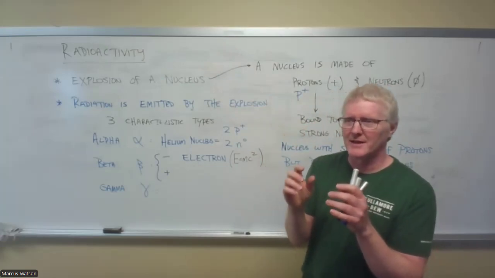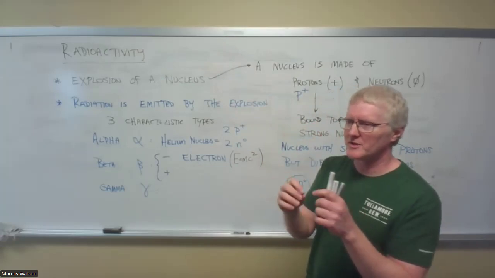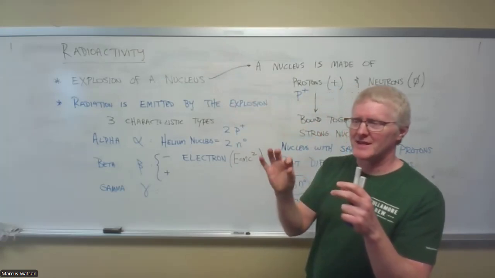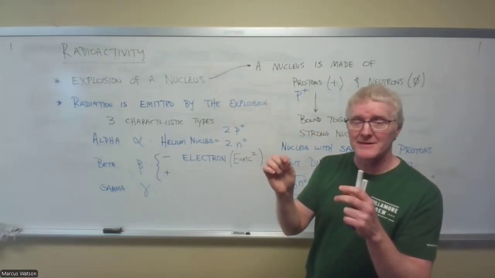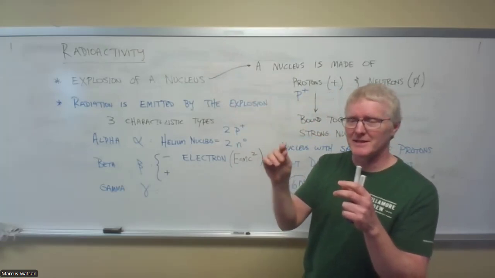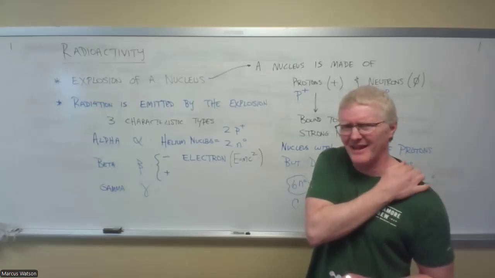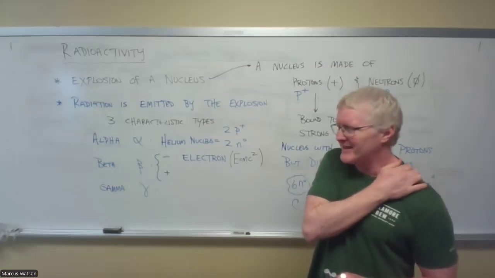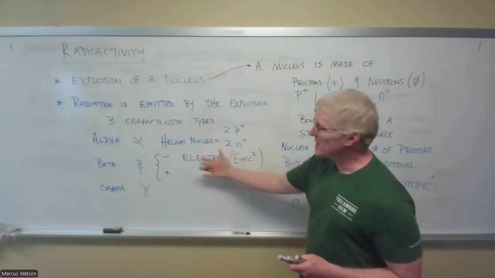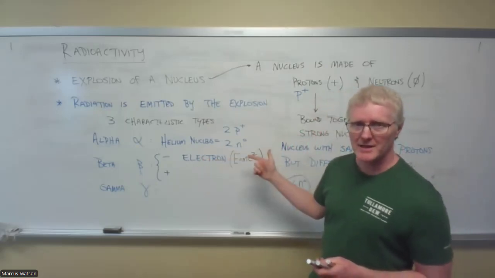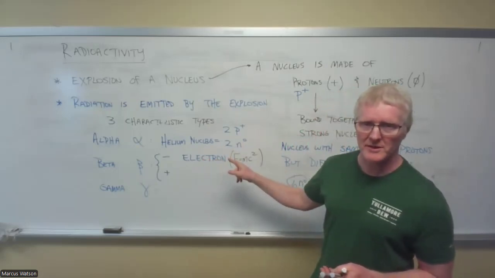It's more like a situation where something explodes and then something that you didn't expect to happen gets immediately created. And you can see there's no classical analogy to this really that I can think of off the top of my head. Anyways, there's the electron. It does just get created on the spot. It does not come out of the nucleus.